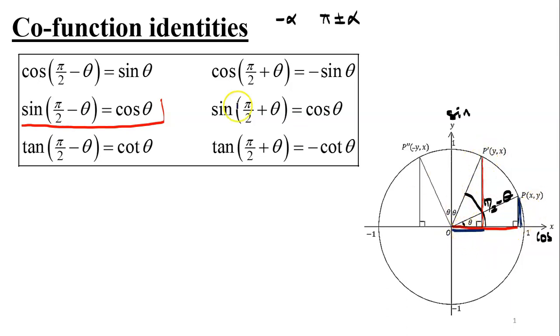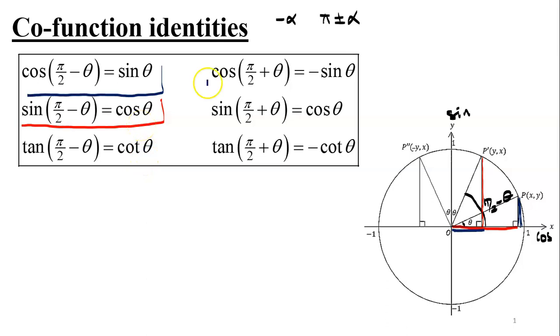So this is why cosine of pi over 2 minus theta is in fact equal to sine of theta. Okay, and over here regarding tan, it's in fact by definition. Tan of pi over 2 minus theta is in fact sine of pi over 2 minus theta divided by cosine of pi over 2 minus theta, which leads to cosine over sine, which is in fact cotan.